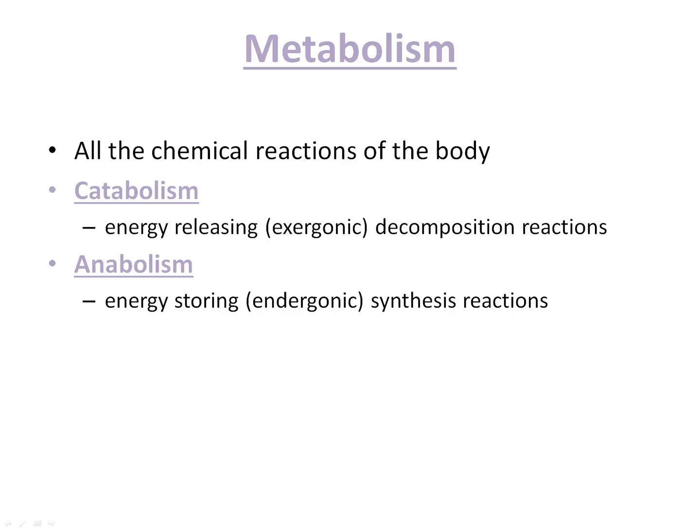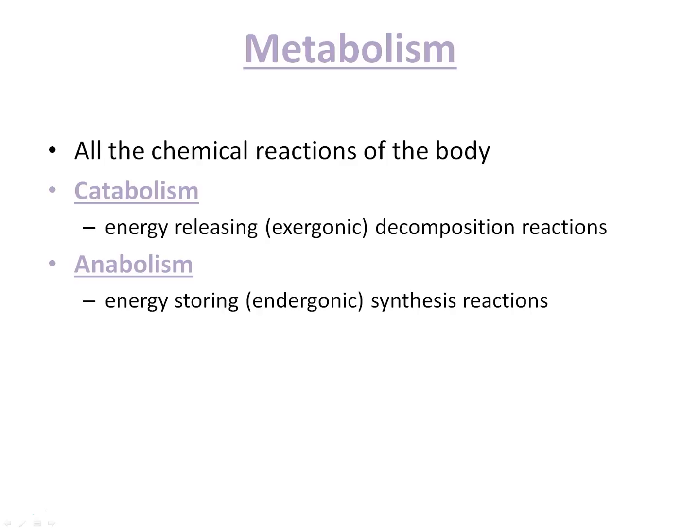So metabolism is what we call the sum of all of the chemical reactions that are happening in the body. So when we talk about someone has a fast metabolism, it means they have lots of chemical reactions going on in the body. We have two types of reactions. We have catabolism, which are energy-releasing decomposition reactions. You may remember the term exergonic from chemistry.